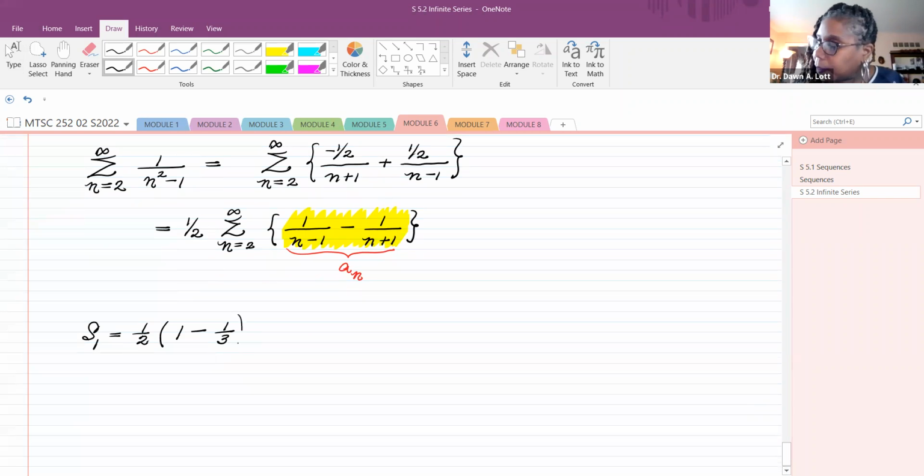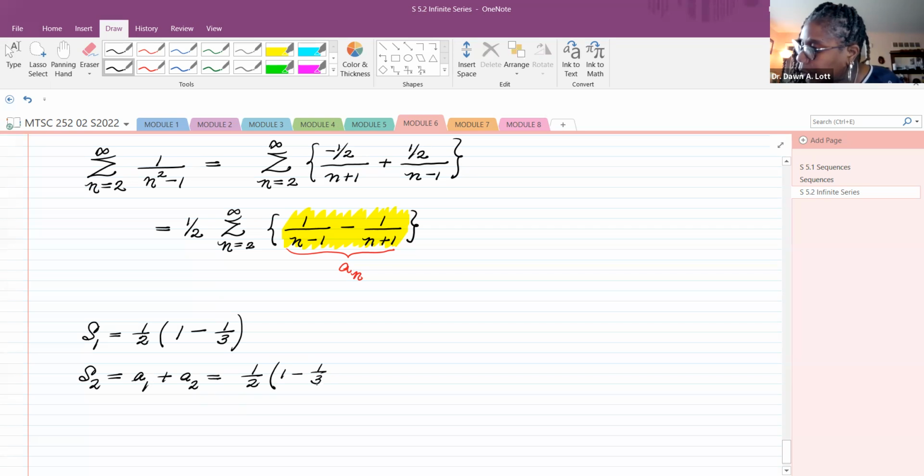Okay. S2 is a1 plus a2. a1 was 1/2 times 1 minus 1/3. And a2 is 1/2 times, I'm putting in n equals 3, so I'm going to get 1/2 minus 1/4.